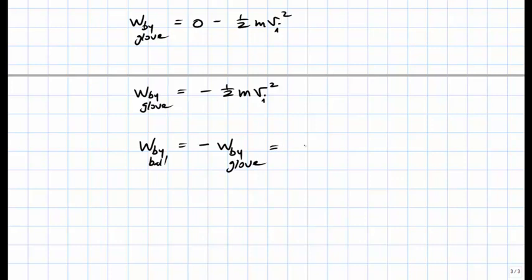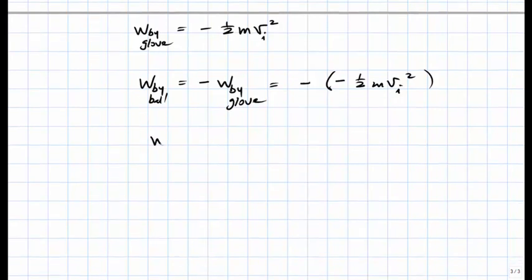That means we have a negative 1/2 mv initial squared, and of course the double negatives result in a positive. So the work done by the ball on the glove simply equals 1/2 mv initial squared. And that answers our question.